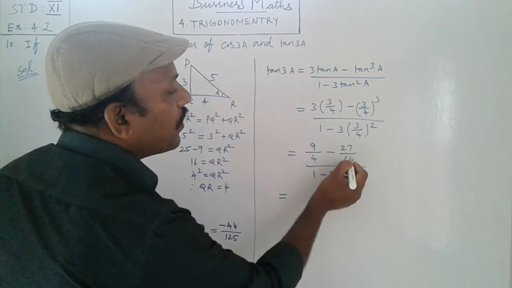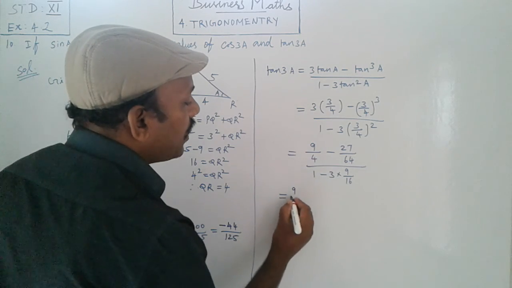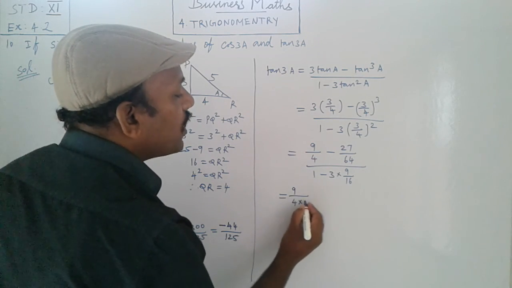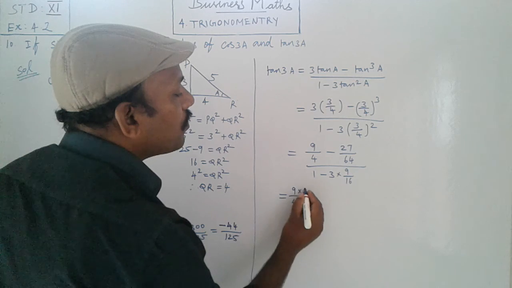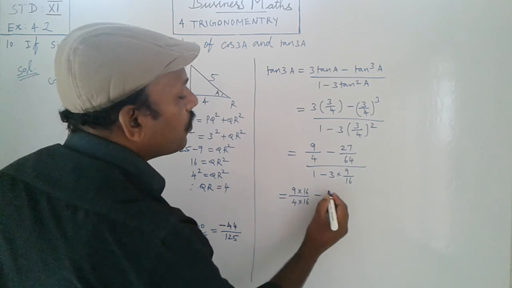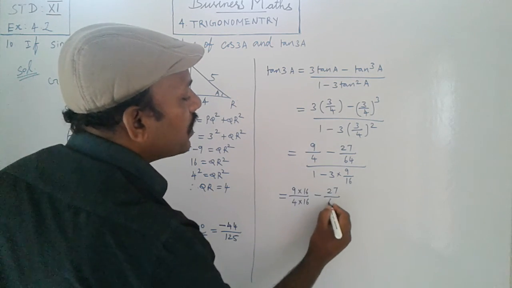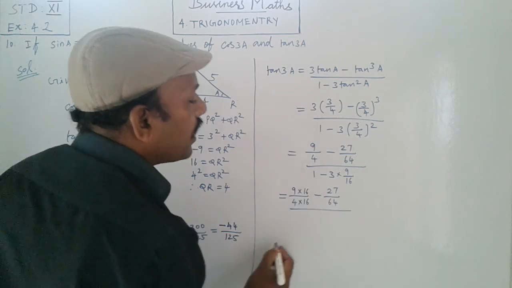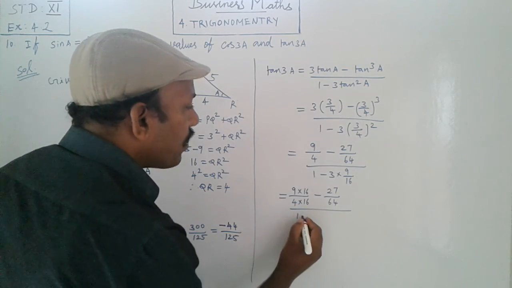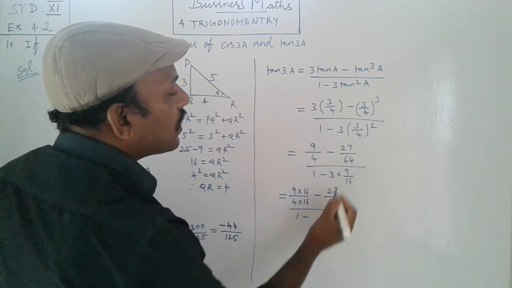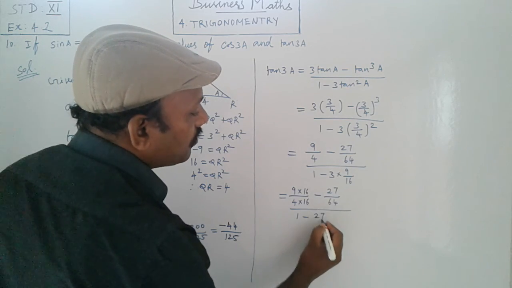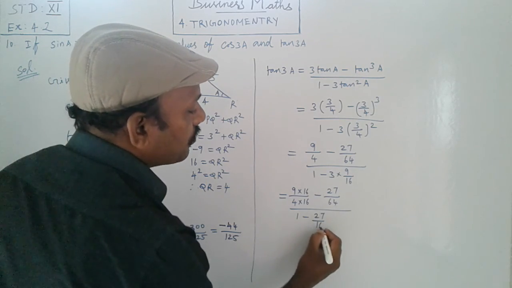64 is the LCM. We should take 9 divided by 4, 4 into 16 is 64, so we should multiply the numerator. So minus 27 divided by 64, divided by 1 minus 3 9s are 27 divided by 16.